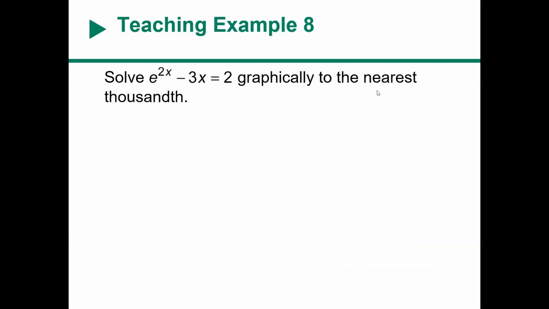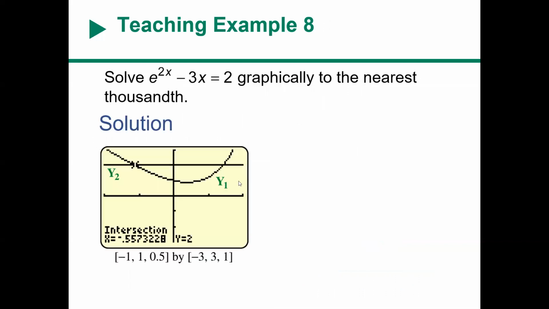All right, so solving this graphically to the nearest thousandth is literally in the calculator. So in the calculator, you're going to put in the y1 as the left side of your equation and your y2 as your right side, and again, you're finding where they intersect. And notice how they intersect at 2 places.